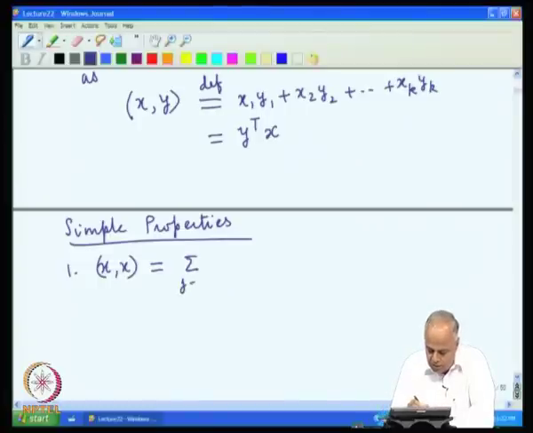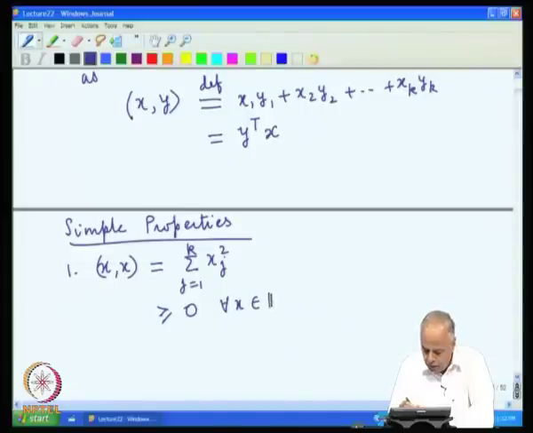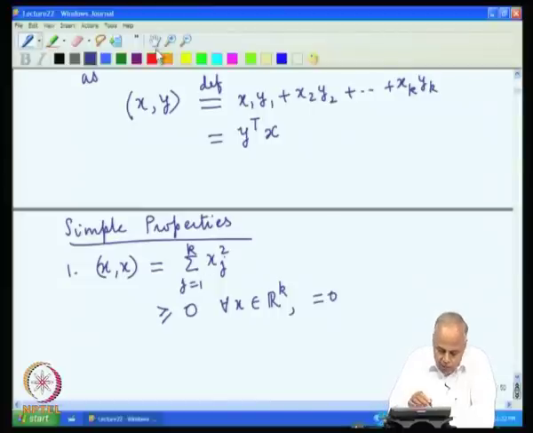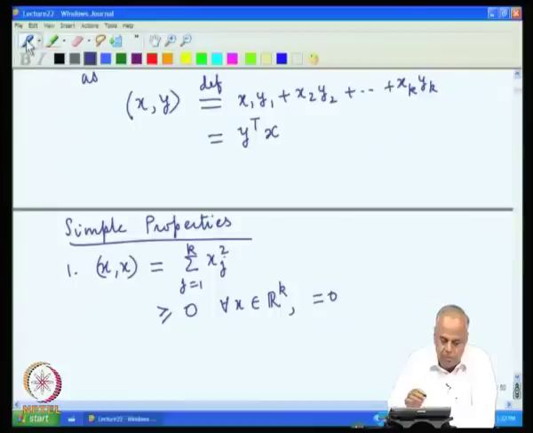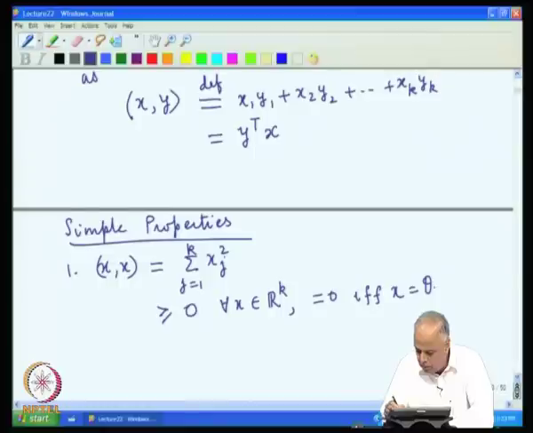So, we will simply write it as the sum over j equal to 1 to k of xj squared, and therefore, this being the sum of non-negative quantities, this will be always greater than or equal to 0, and when will that become 0? When the sum of the squares is 0, but the sum of the squares is 0, since all are real numbers, is only when each one of these entries is 0. That means, xj is 0 for all j, but xj is 0 for all j means x is equal to 0. So, if and only if x is the 0 vector.